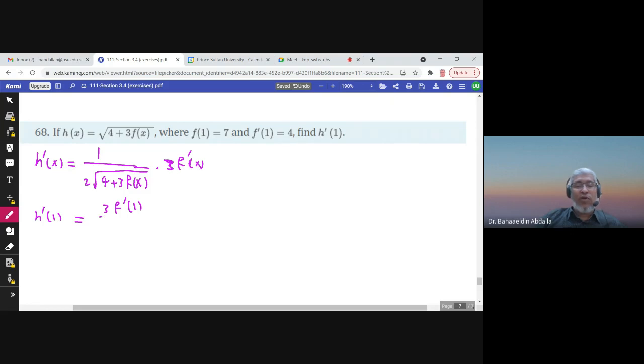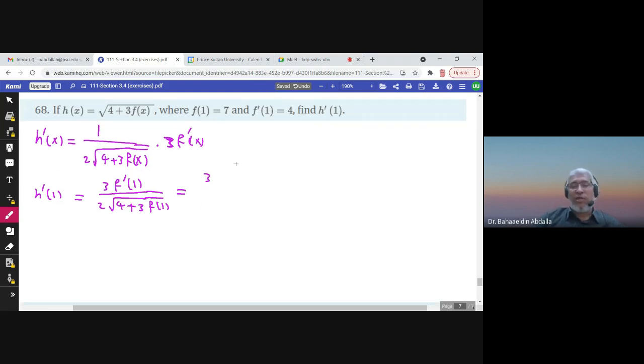Okay, over 2 times square root of 4 plus 3f of 1. Okay, so what is f prime of 1? It is 4 from the question over 2 times square root of 4 plus 3 times f of 1. What is f of 1?